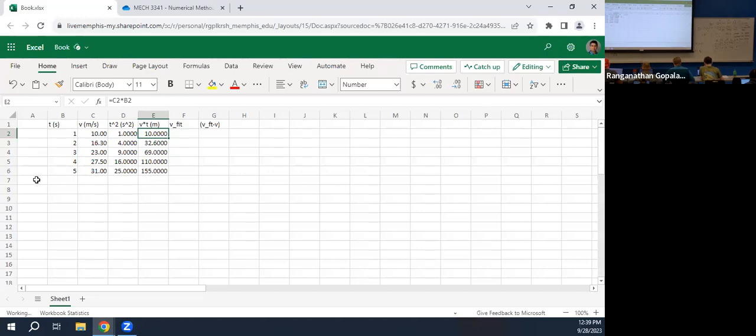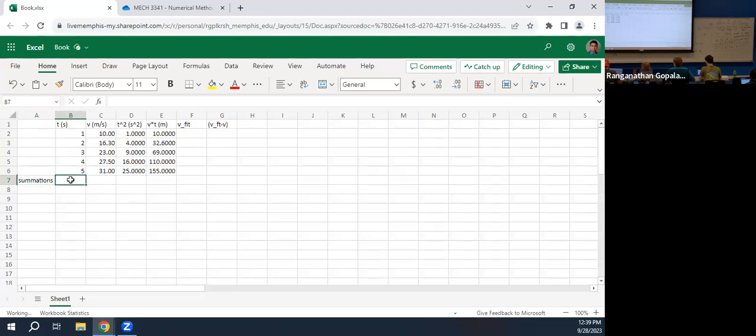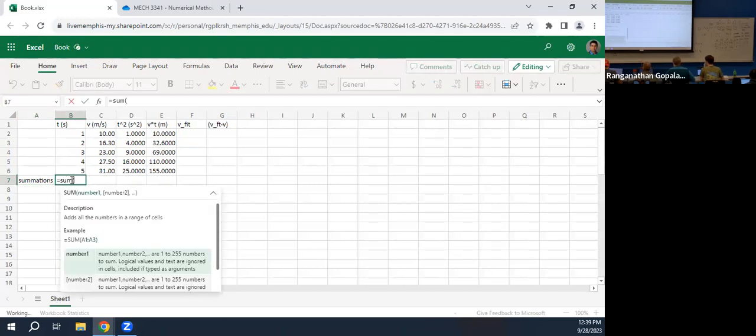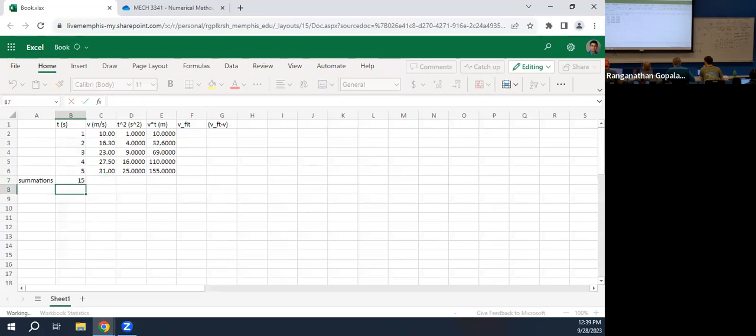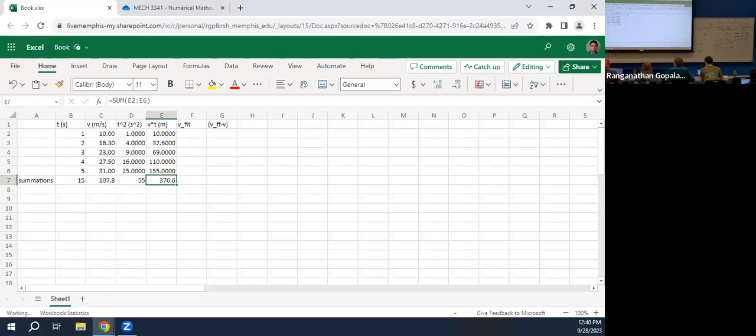Okay, so then I'll write summations. There's a 376.6, which is multiplying V and T row-wise and then adding.